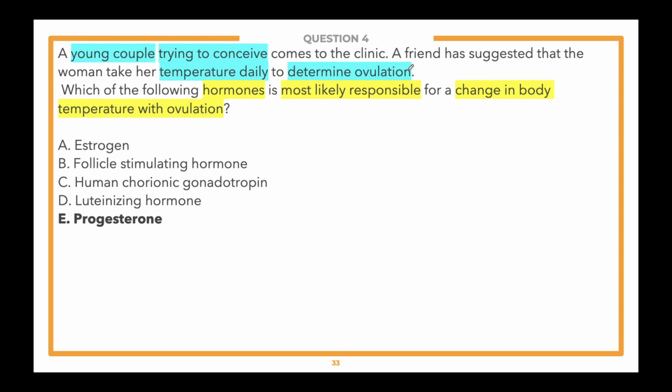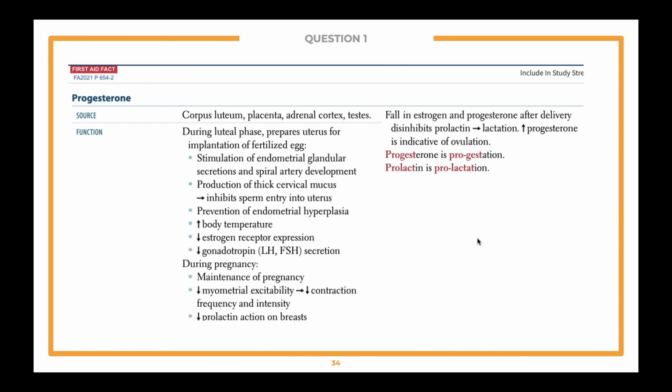So the question is, which hormone is changing body temperature with ovulation? Now, as we talked about, shortly after ovulation, the corpus luteum produces progesterone. The progesterone is released from the corpus luteum after ovulation. If we take a look at the next slide, we can take a look at some of the functions of that hormone, progesterone. And you can see there that one of those functions is to increase body temperature.